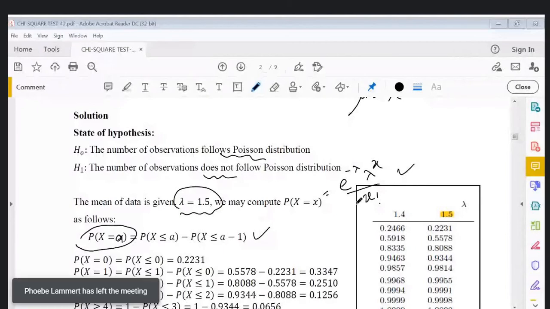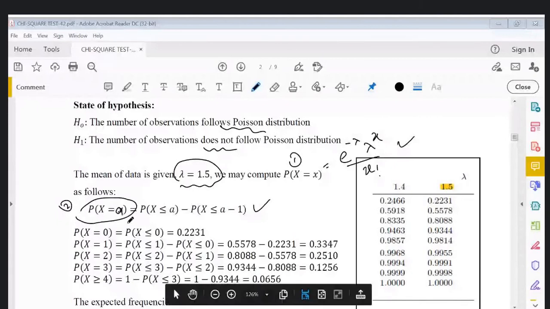Lambda is 1.5. You can find it from the Poisson distribution table, which is cumulative.